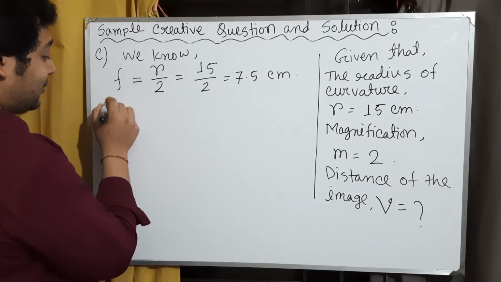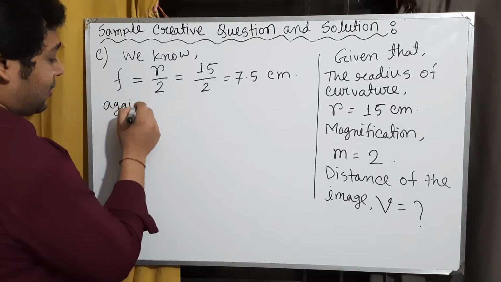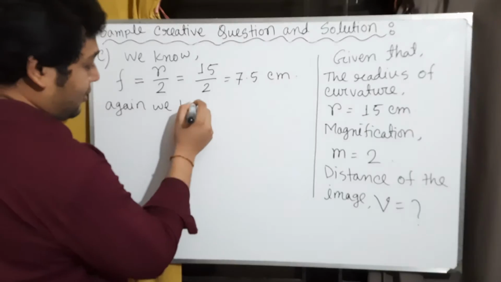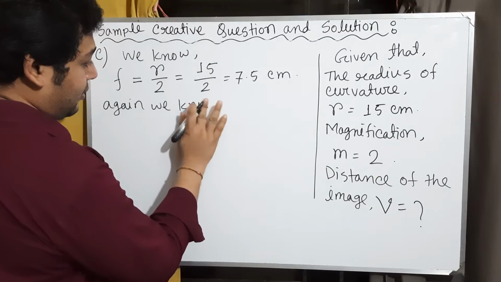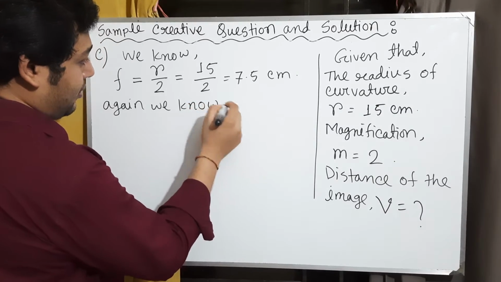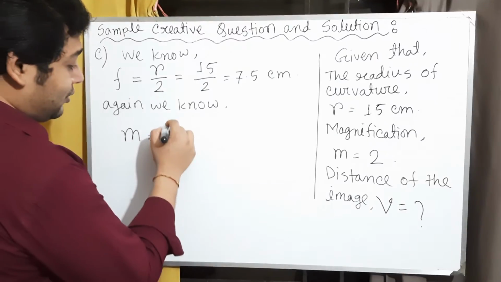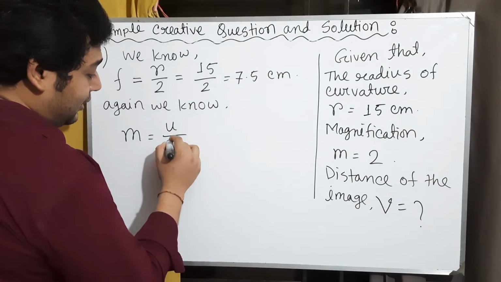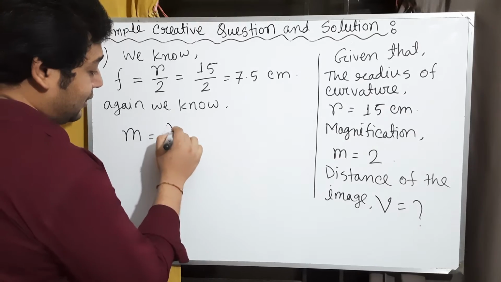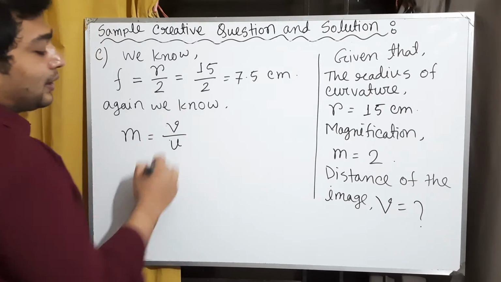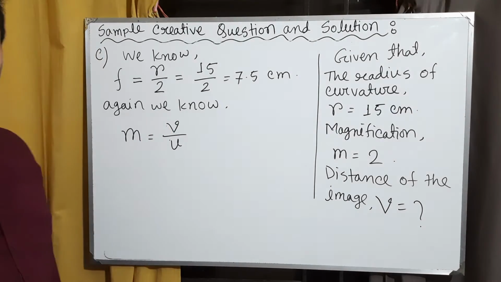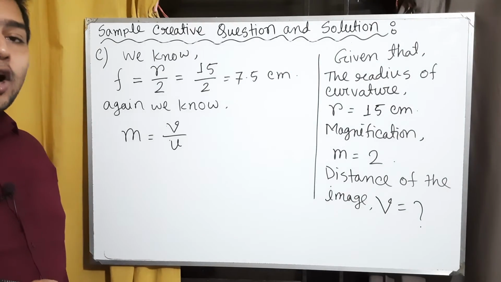Again we know m equal to v by u, where u is the distance of the object.